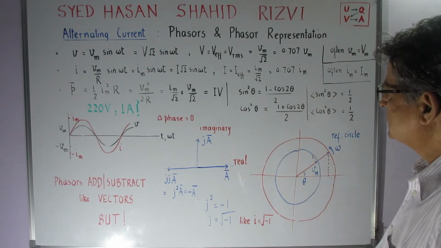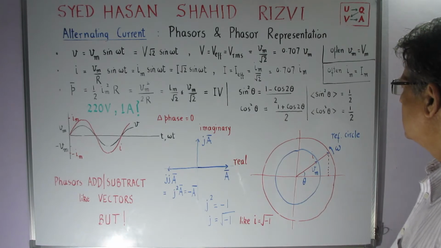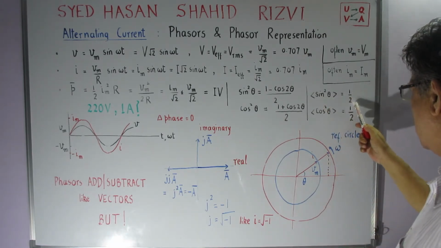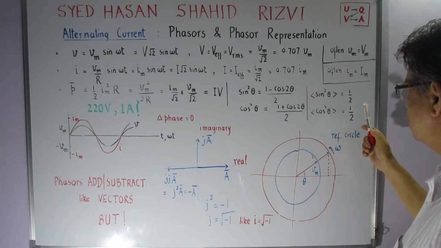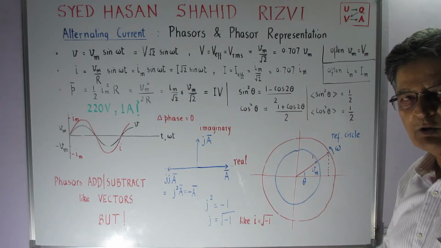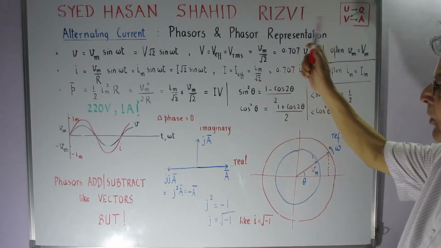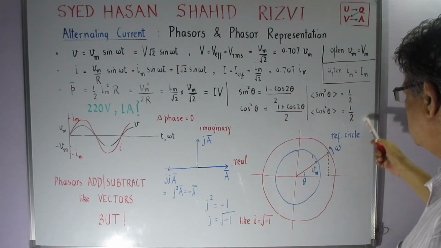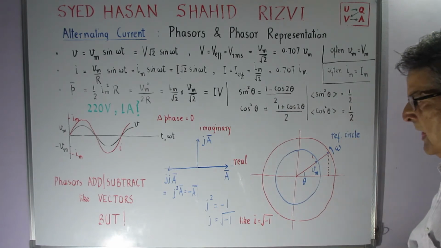And then I also explained to you that the average value of sine square theta is equal to half and cos square theta is equal to half, because the average value of sine square theta plus cos square theta is always 1. When the two are equal, they will share equally, like that.